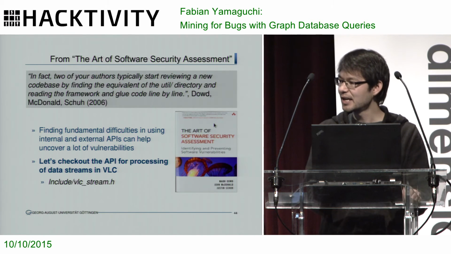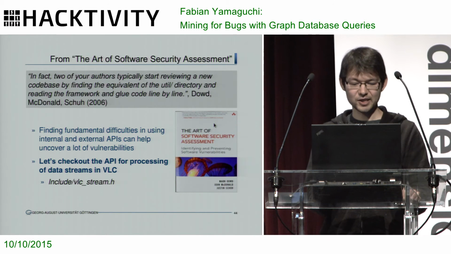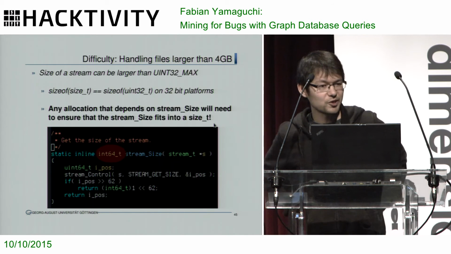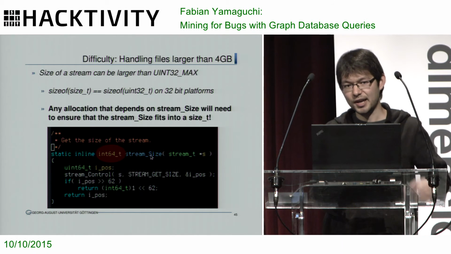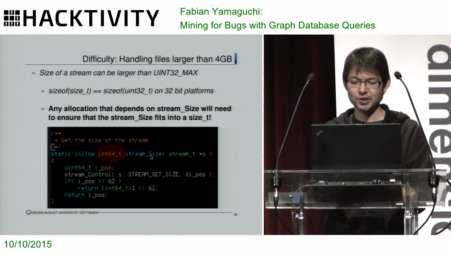So in VLC, I took a look at the stream processing API, and that's mainly located in VLC stream.h. And there's one interesting function that you can find here, which is the function called stream size, and as the name implies, it returns the size of the stream.